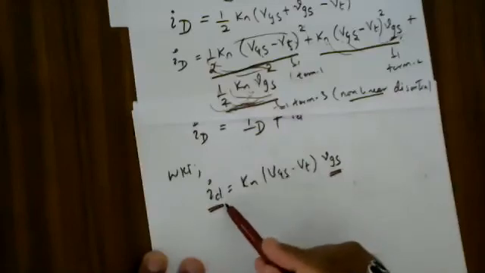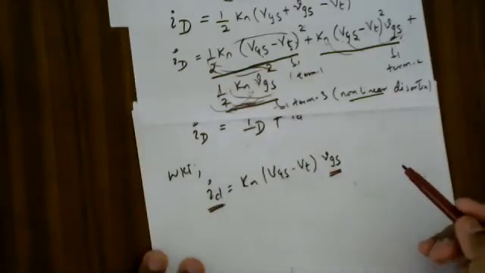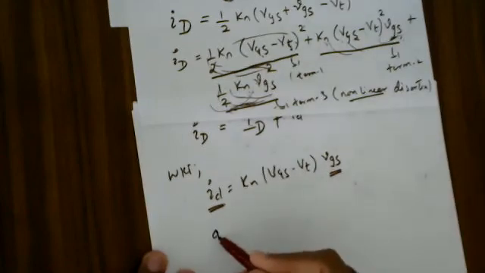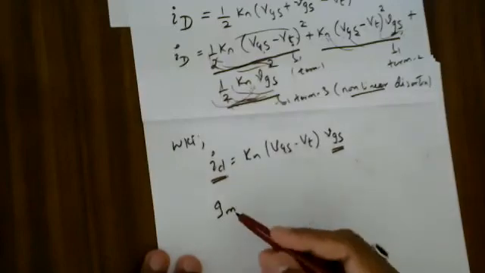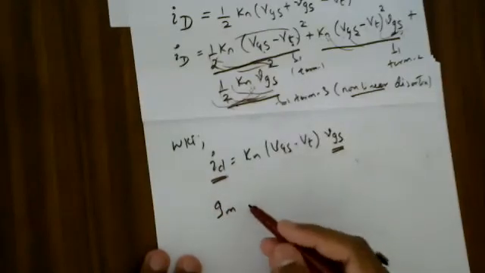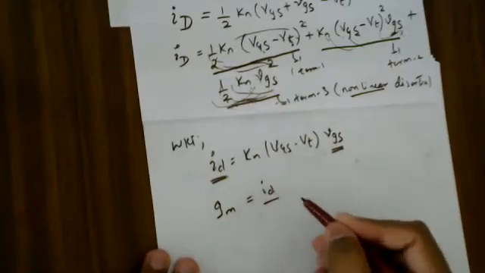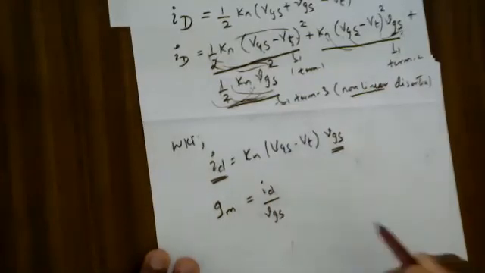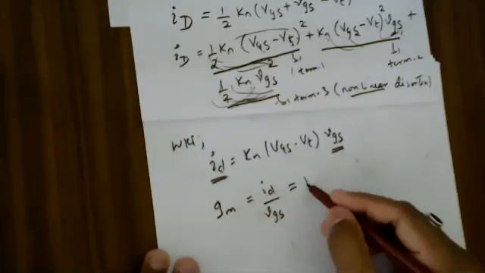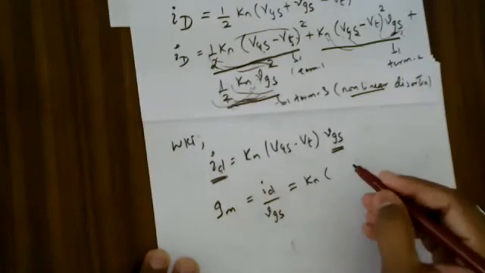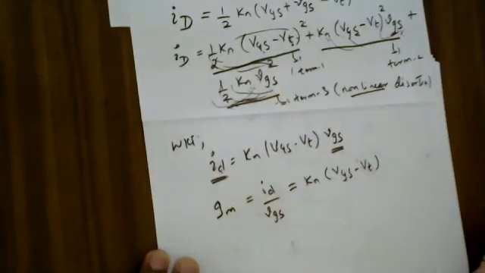The parameter id and vgs relate to the MOSFET's transconductance, nothing but gm. So I know how the term has been defined. The transconductance gm is defined as id divided by vgs. If I take id by vgs, what is left out is Kn into VGS minus VT.